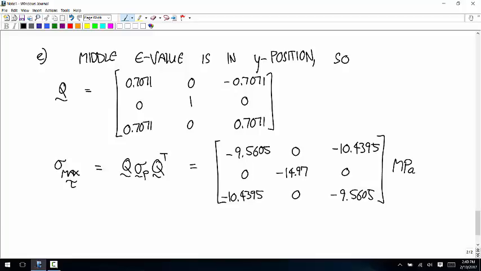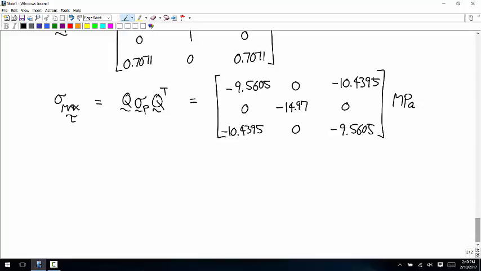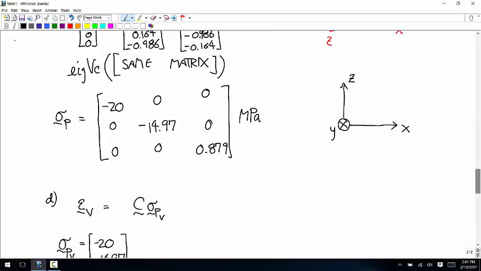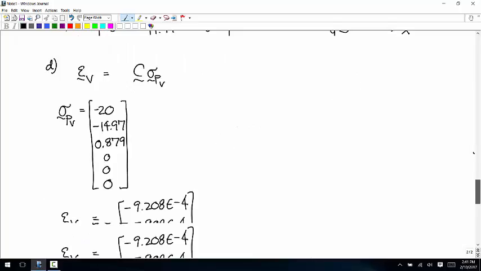Okay, so now you can also calculate just the value of the max shear stress, tau max, as the maximum principal stress, which of these is the maximum principal stress? 0.879.